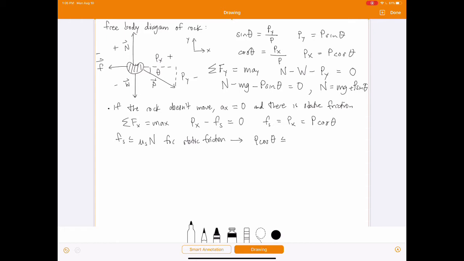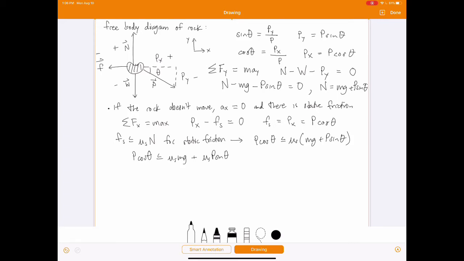That's less than or equal to mu s times n, which we said up here is equal to mg plus p sine theta. Okay, so what are we going to do with that? Well, we're going to solve for the force P, right? We want to know how hard the rock is being pushed, right? So P times cos theta is less than or equal to mu s times mg, so I'm gonna distribute the mu s into the parentheses, plus mu s times p sine theta.